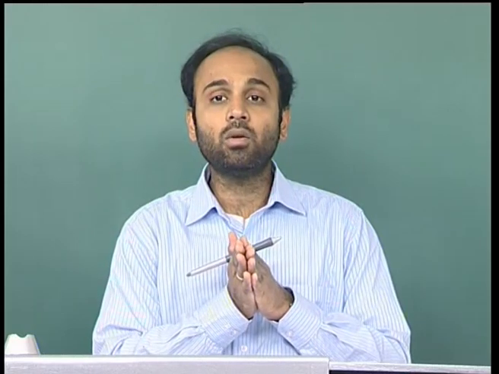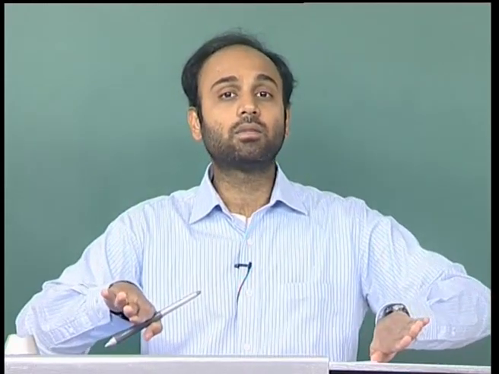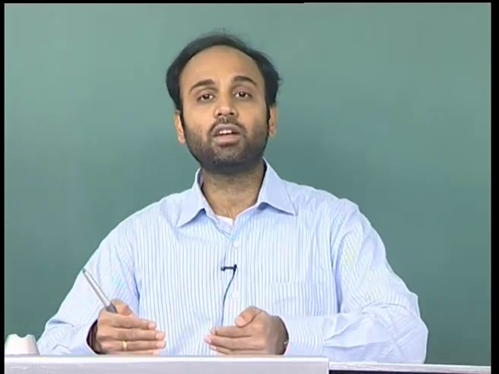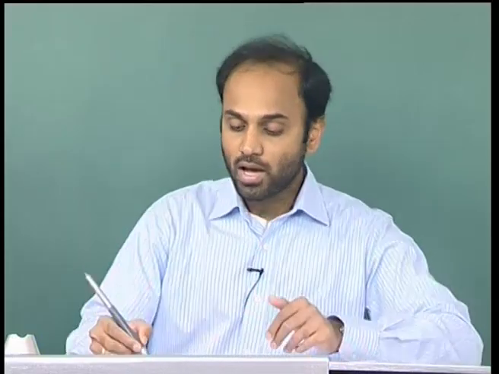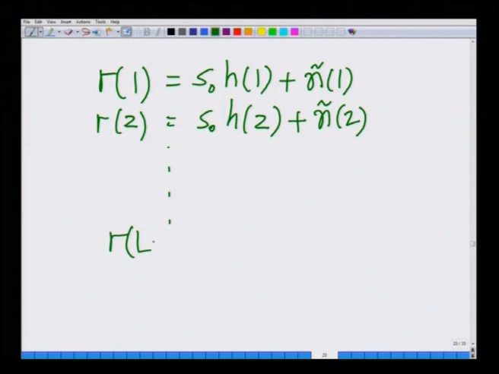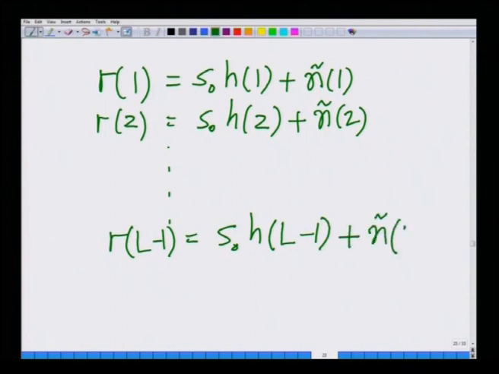Remember, previously all these paths added up randomly, but now I can separate each of these paths by the remarkable property of CDMA, which is that I simply have to correlate with the shifted CDMA spread sequence. Hence, I can extract R2, which is S0 H of 2 plus n tilde of 2, and so on and so forth. I have R of L minus 1, which is S0 H of L minus 1 plus n tilde of L minus 1.